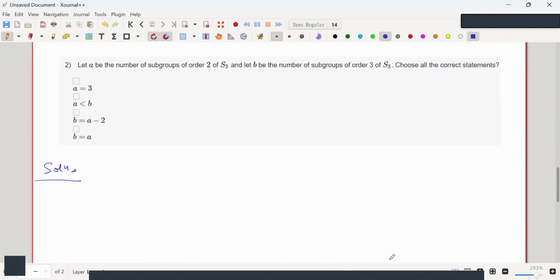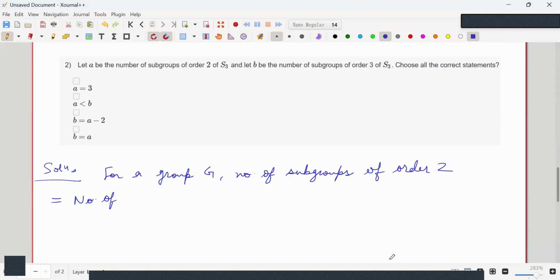Okay. So first, let me just tell you that for a group G, the number of subgroups of order 2 is the same as the number of elements of order 2 in G. Okay.